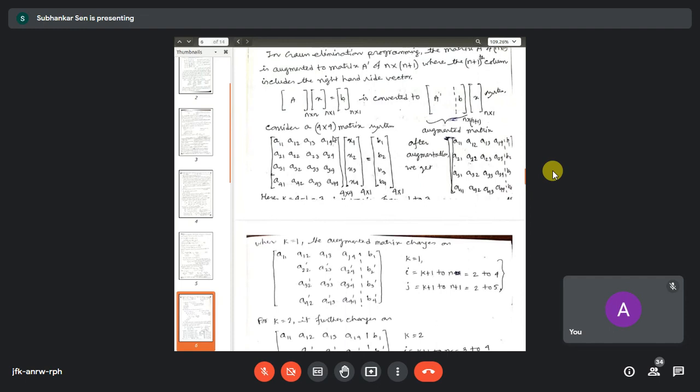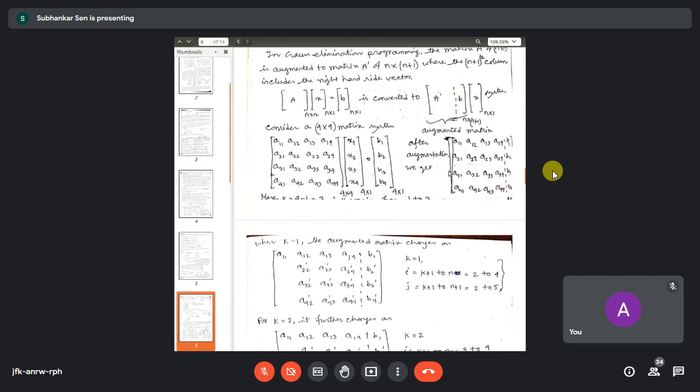So let us take one 4 by 4 system. For a 4 by 4 system, we need 3 steps. So k will be 3, which means k will be varying from 1 to 3. Once you have k equals 1, then k equals 2, and then k equals 3.